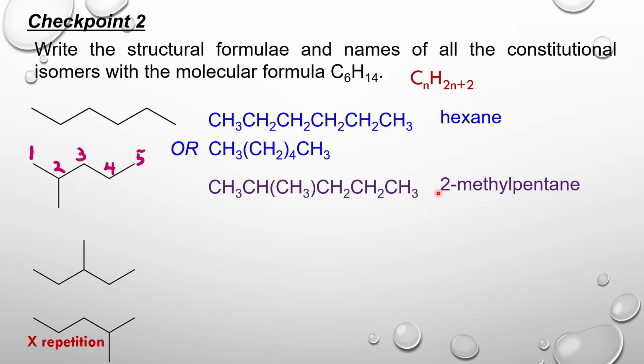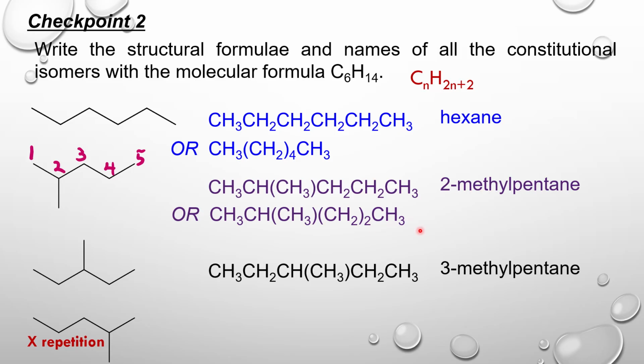In terms of the condensed formula, note that the methyl group side branch has to be put in a bracket to show that it is attached to the second carbon over here. You can also condense further the repeating unit of CH2. The two repeating units can be condensed into CH2 bracket 2 over here.